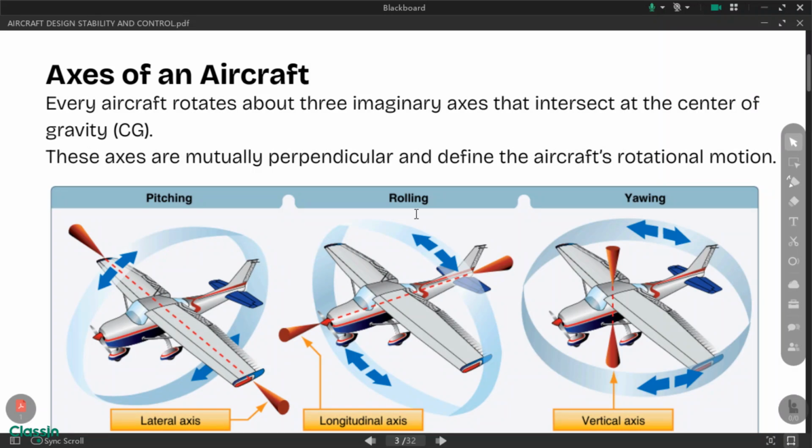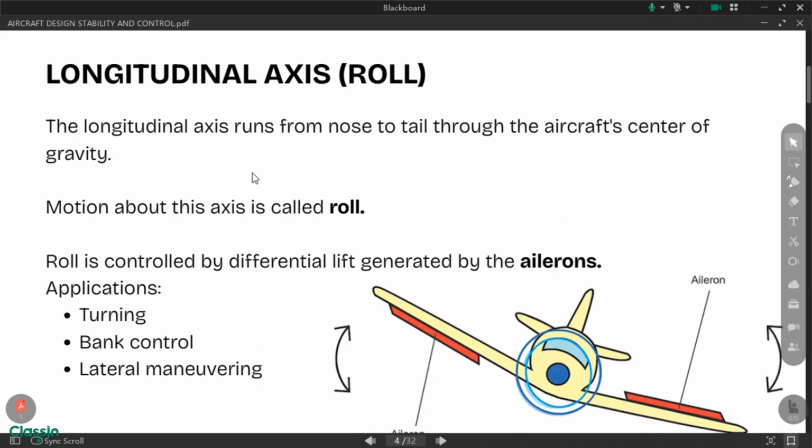Okay? So, yung rotational motions that we have on those axes are, yun nga, yung roll, pitch, at yung yaw. So, let's start with the longitudinal axis, yung roll. Okay?